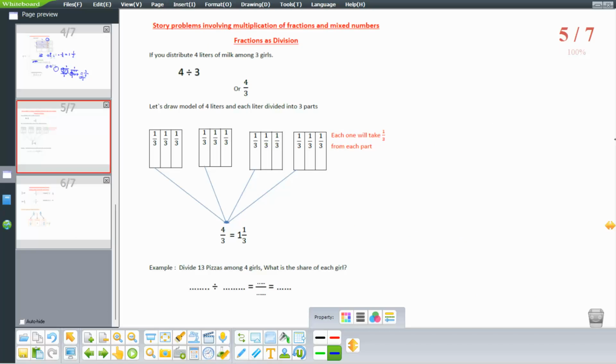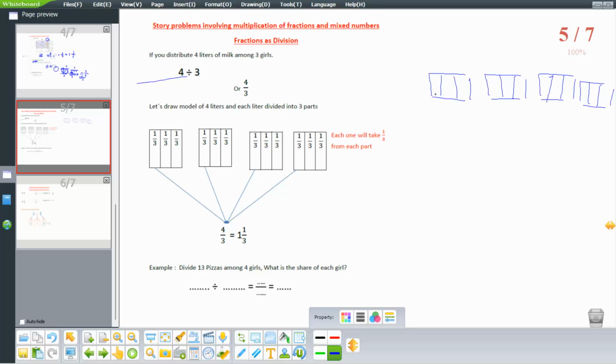Story problems. If you distribute 4 liters of milk among 3 girls, we can express 4 like this. We will use 4 parts, and we will distribute them among 3, so we will divide this 4 into 3 parts.